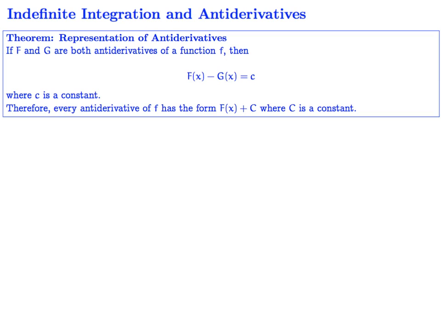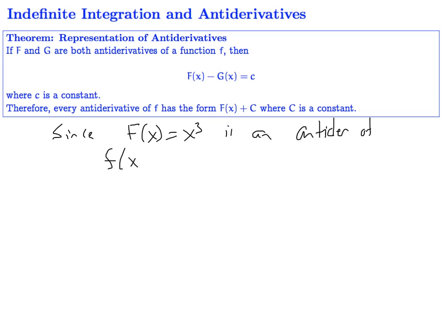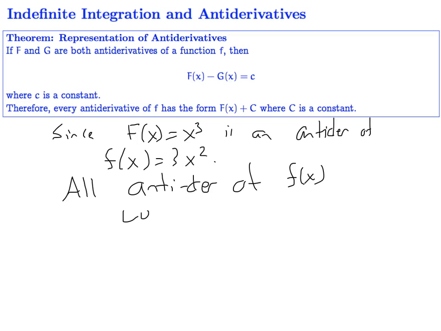What this tells us is that since capital F of x equals x cubed is an antiderivative of the function f of x equals 3x squared, all antiderivatives of f of x look like x cubed plus c, some number. So all of them look like that. We don't need to go hunting very carefully for them. Pretty much once we've got one, we've got them all.